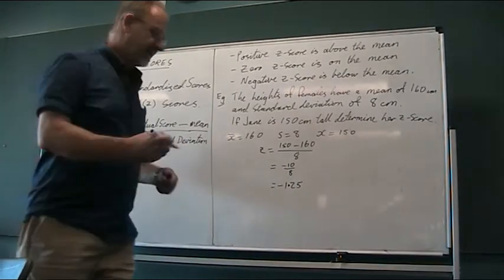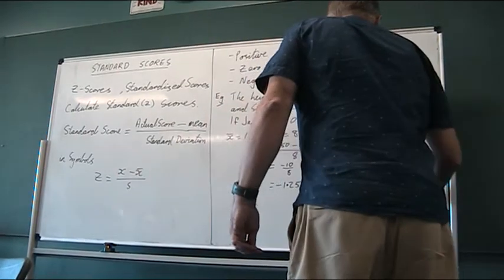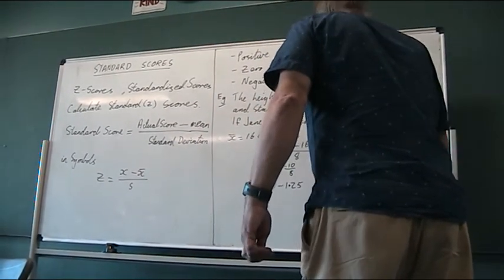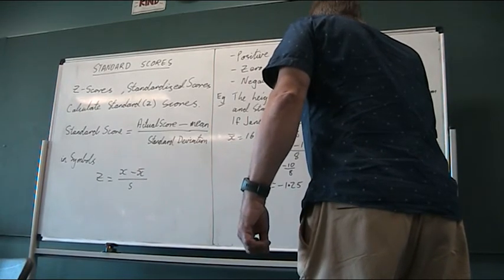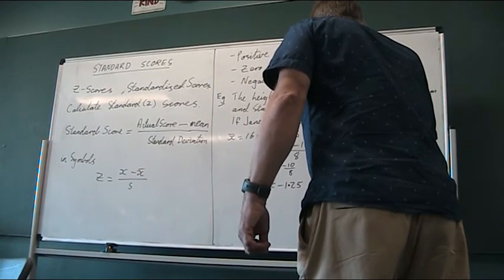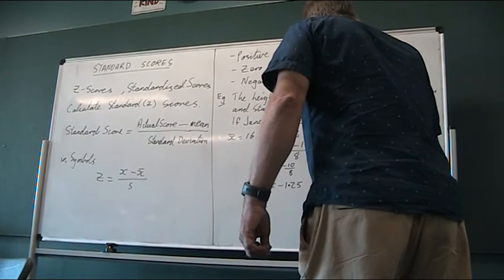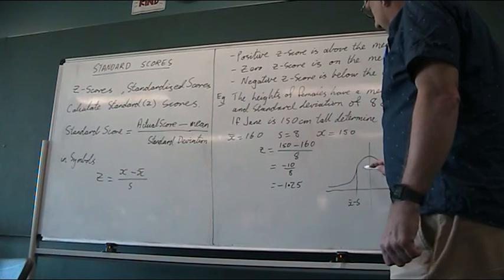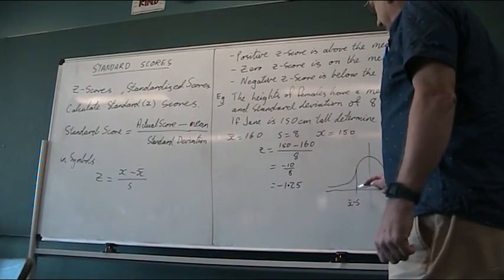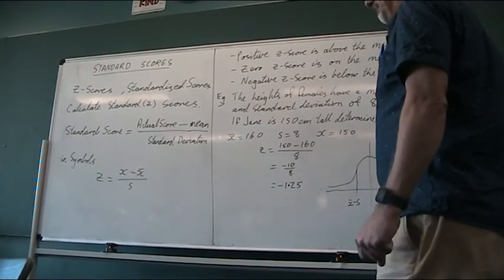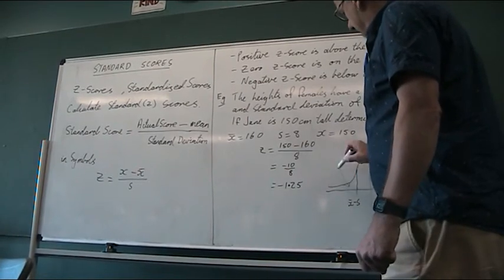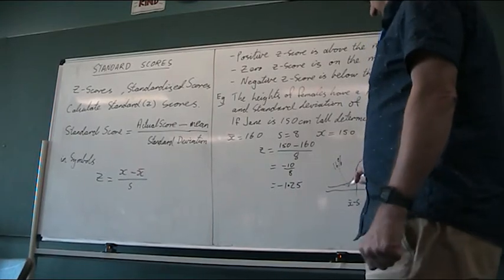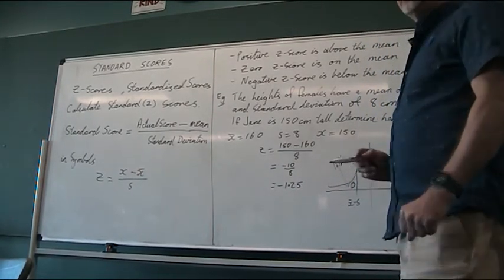So if you remember last time when we had our bell curve, one standard deviation below was there, and remember there was 68% in that section there, and so there's 16% in this section there, and so Jane's in here somewhere.